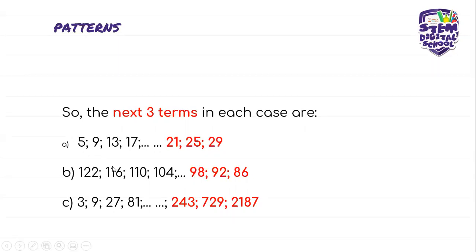And the B, you also do the same. You can see that this is a descending sequence, starting from 122 right up to 104. So you have 4 terms there, 122, which is then followed by 116, then 110, 104.